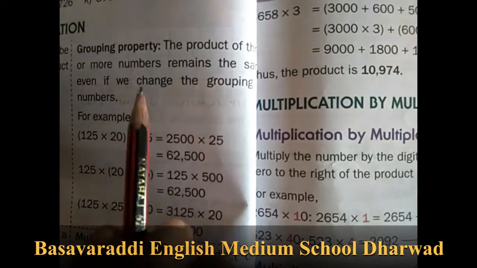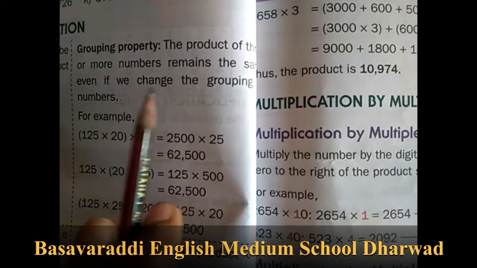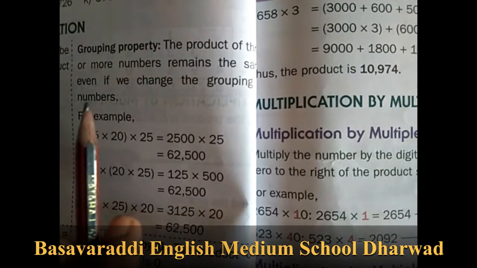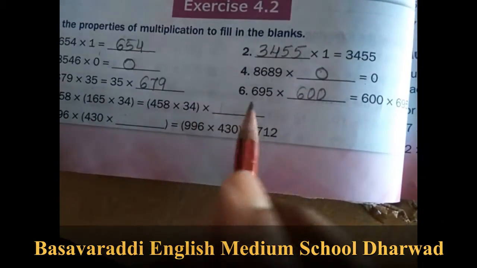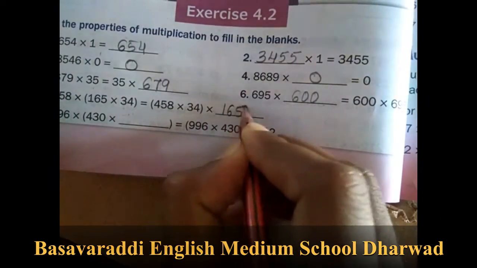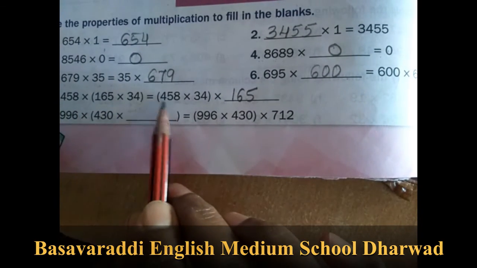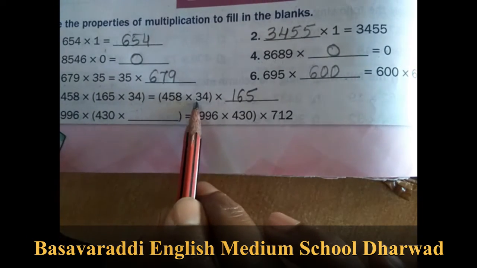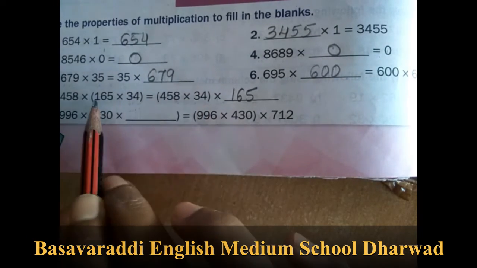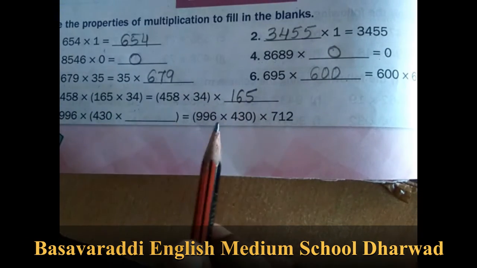The product of three or more numbers remains the same even if we change the grouping of the numbers. Write 165 there. What is the answer? 458 into 34, which one is remaining? 165. Write 165 in the given blank.